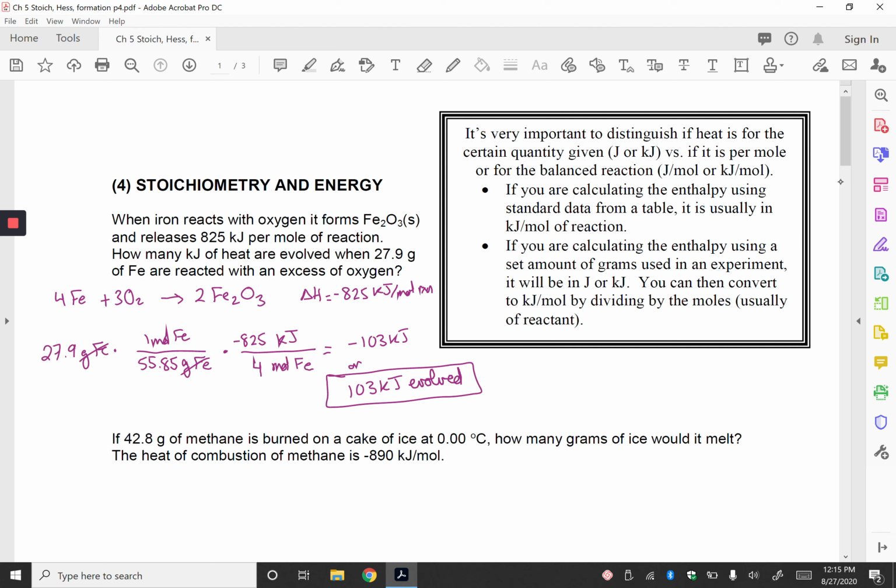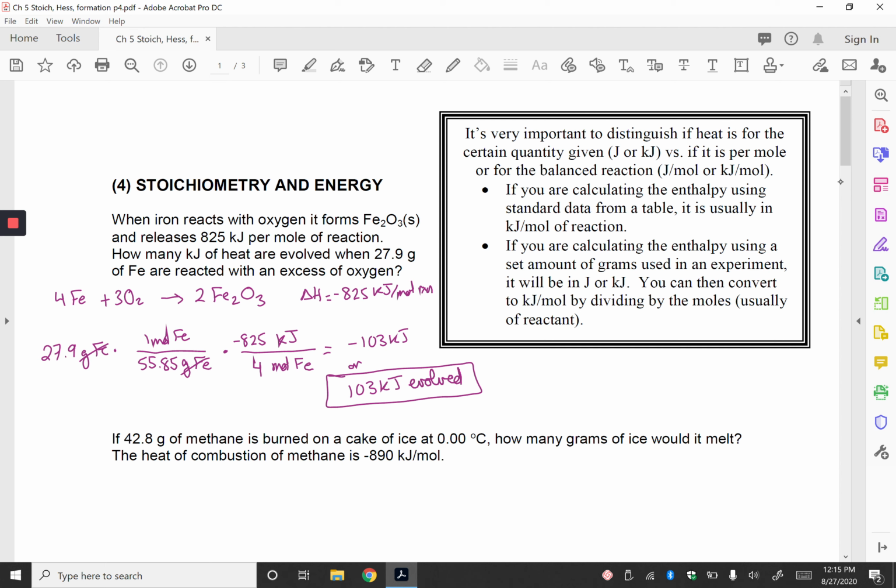So as always, either put a negative, meaning it's released, or write it as positive and then write the word released or evolved. So it's really important to distinguish between this delta H versus this delta H. They're both delta H's, they're both for the same reaction, but this is for a certain amount that we're using, the 27.9 grams. This is for the reaction as written.